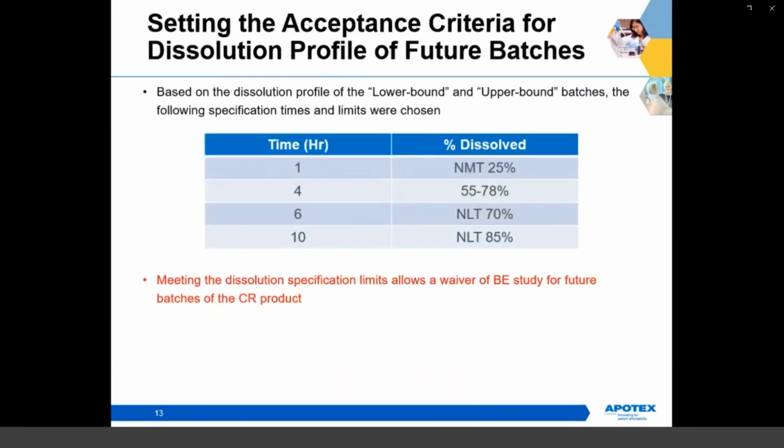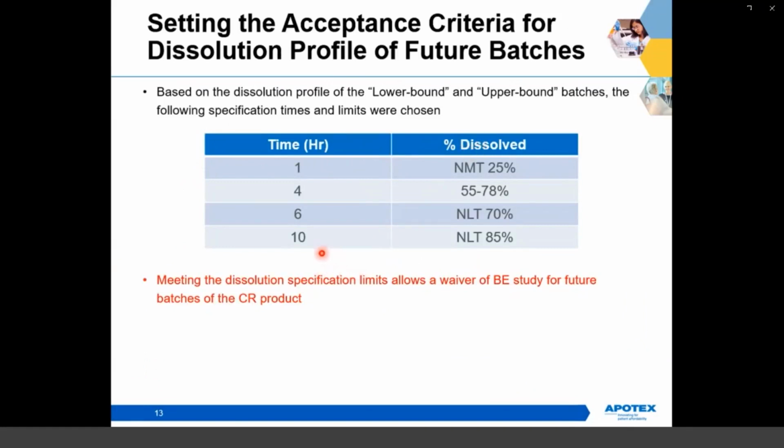After confirming BE of the 2 hypothetical batches, the final step is to set the acceptance criteria for dissolution profile of future batches. This was accomplished based on the dissolution profile of the lower bound and the upper bound batches. This table shows the chosen specification times and limits.